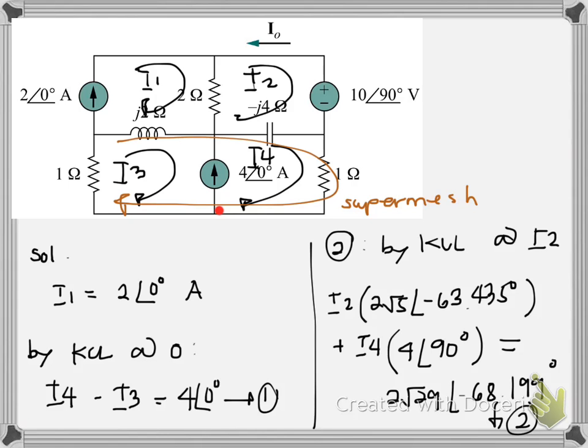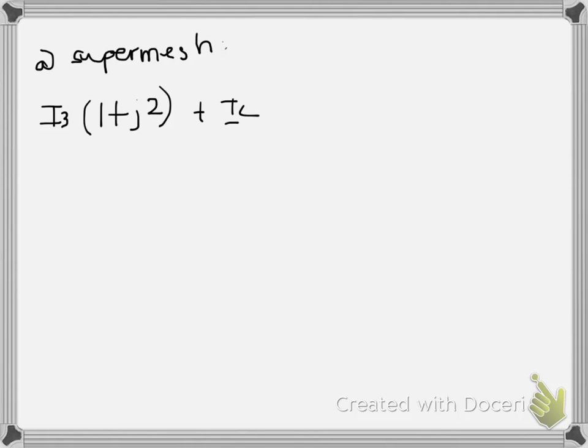For equation 3, we could get that equation using the super mesh. Okay. By KVL, we have this equation: I3 times 1 plus J2, plus I4 times 1 minus J4.